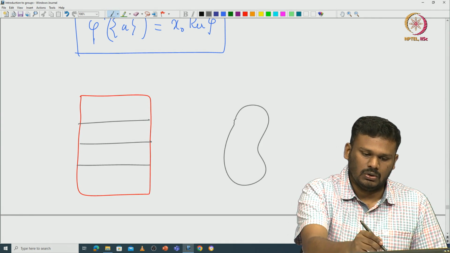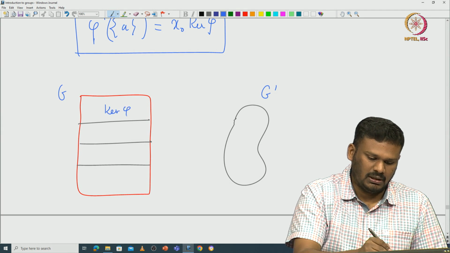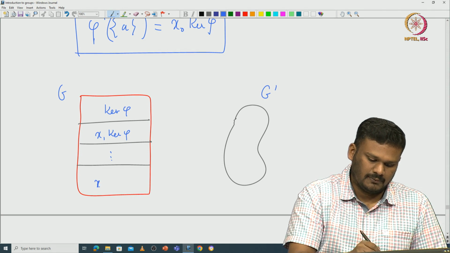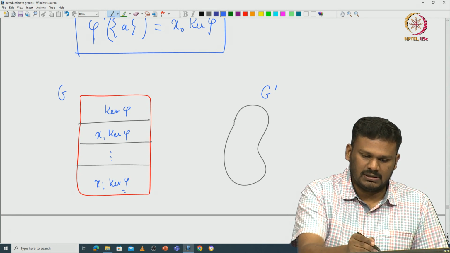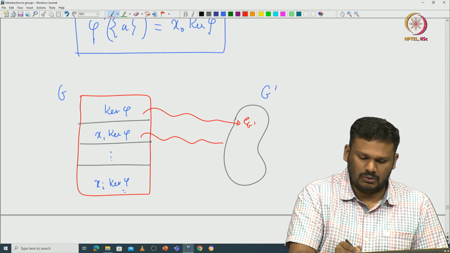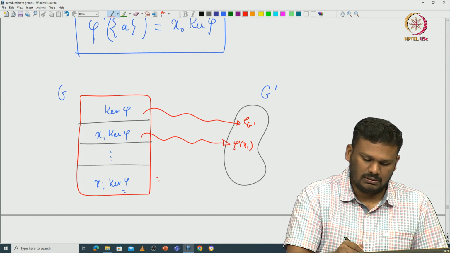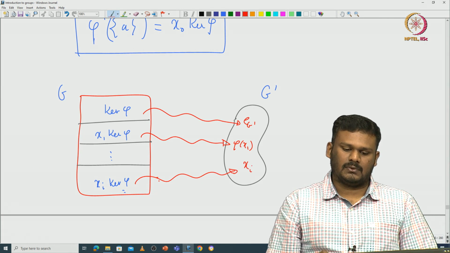So here you have G dash, and here you have G, and this is your kernel phi, and this is some x1 kernel phi, and so on, some xi kernel phi, and so on. This kernel phi is mapping to identity, and this is mapping to phi of x1, and so on, then this is mapping to phi of xi.